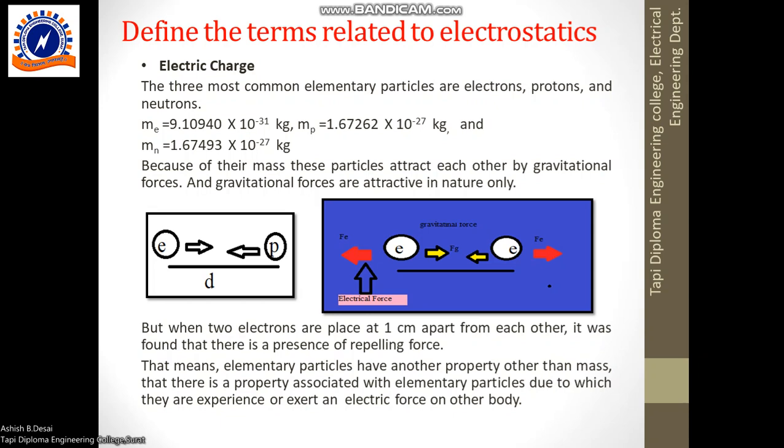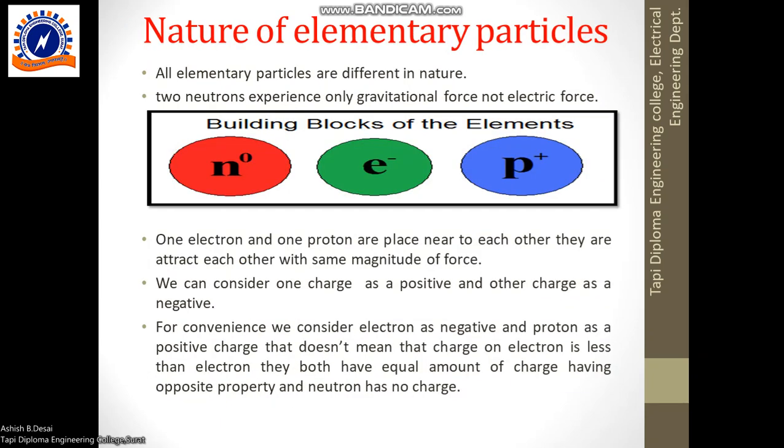The presence of electric force in this case is because of a property of the object that is called electric charge. That is the definition of electric charge. Actually, we cannot perfectly define electric charge, but for understanding, we can consider this example.